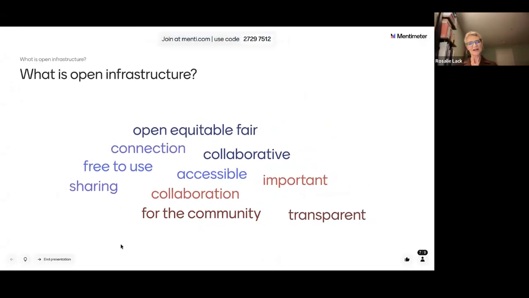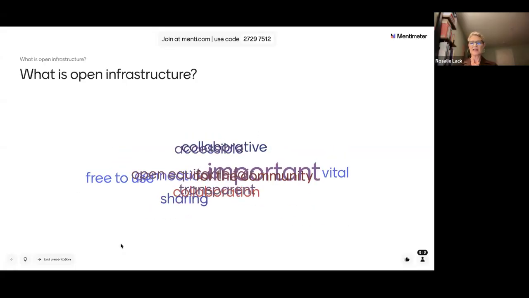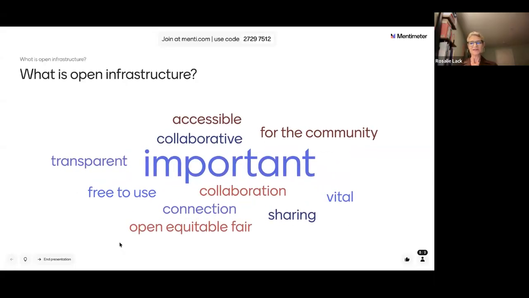That's nice. Transparent. Yeah, these are a lot of terms. Vital. Oh, I like that one. These are great to see. These are a lot of things that I'm going to be talking about today. So it's good to see this understanding, and that's your perception of open infrastructure. Vital, free to use, important. Ooh, important is coming back again. I like it.